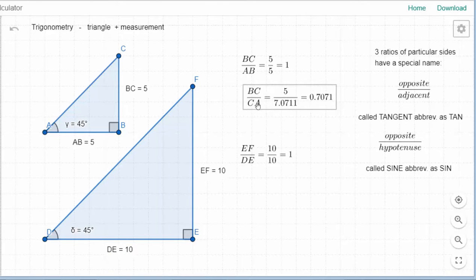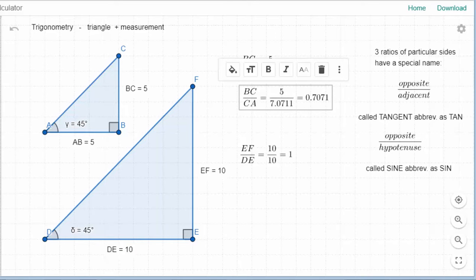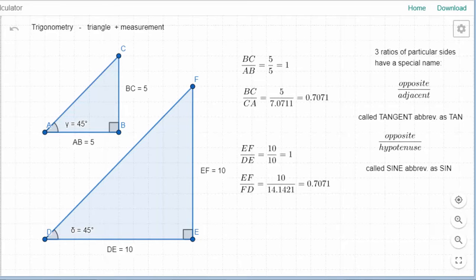Yeah, that's correct. And for the other triangle, should be, not that one, this one I think. And I'll turn on the lengths. Just give me a second to find.